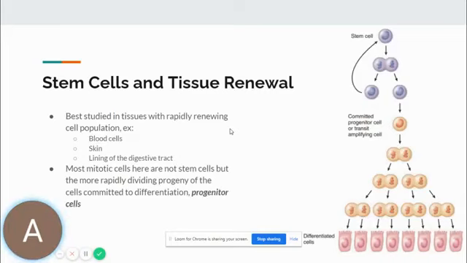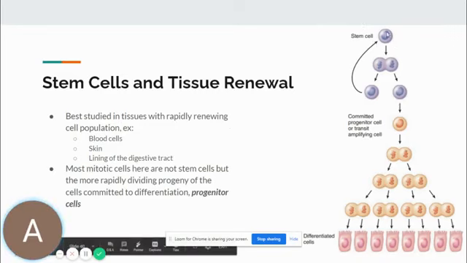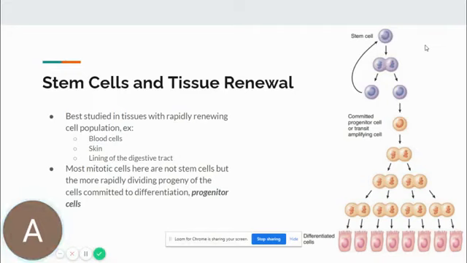This is best studied in tissues with rapidly renewing cell populations, especially blood cells, skin, and the lining of the GI tract. Now, most mitotic cells are not actually stem cells, but more rapidly dividing progeny called progenitor cells. If you can see this picture on the side, this is the stem cell. A stem cell is very archaic and undifferentiated, so it has no special function. It is not committed to any kind of differentiating cell. Its function is really just to reproduce.